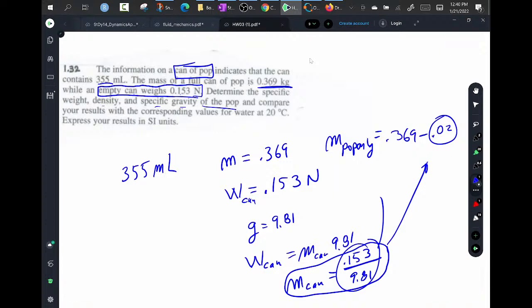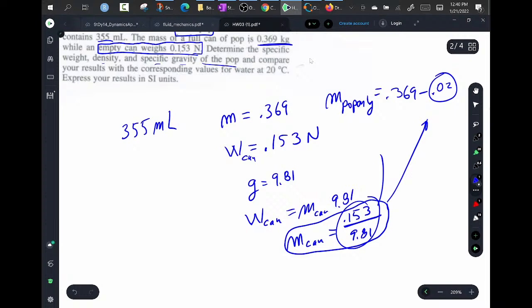And so the mass of the pop only, well, here, I'll break out my calculator. Okay. 0.153 divided by 9.81, 0.015, okay, minus 0.369.